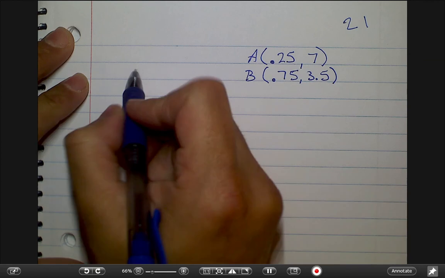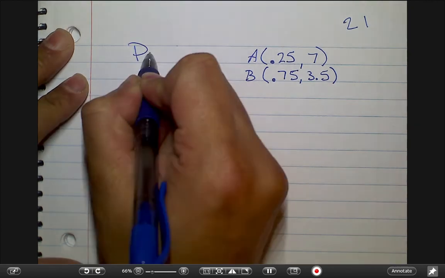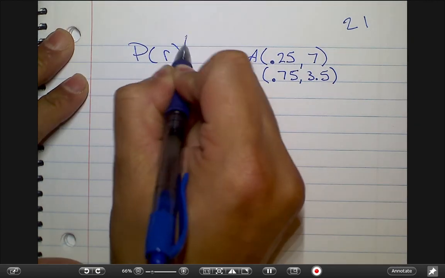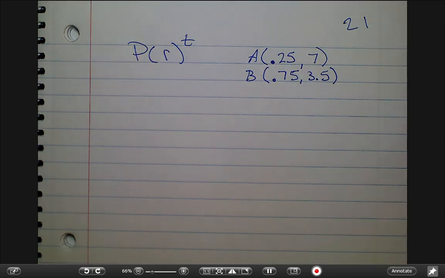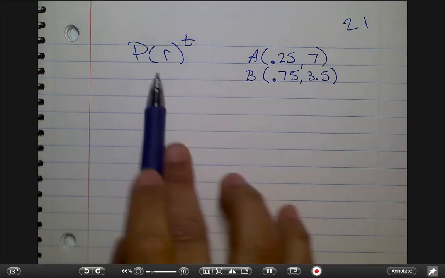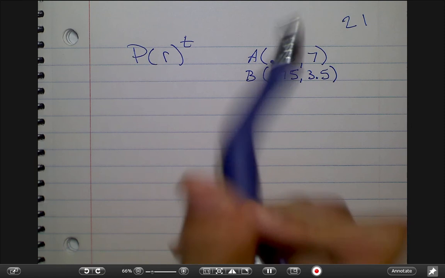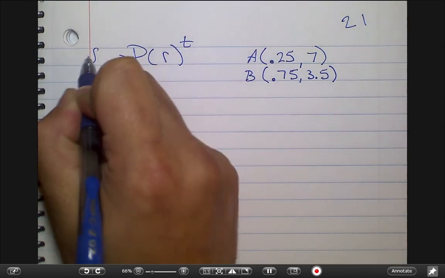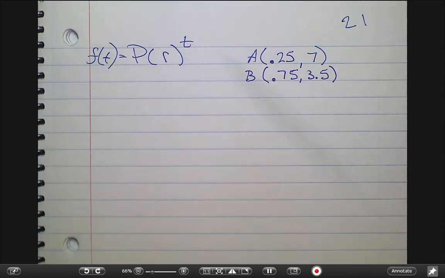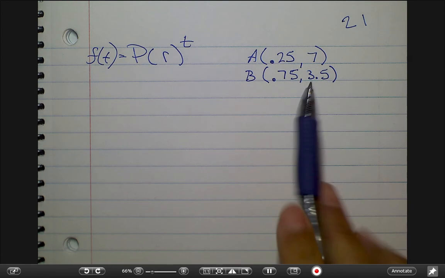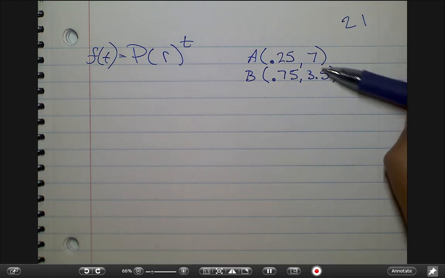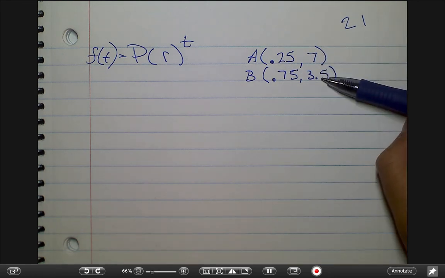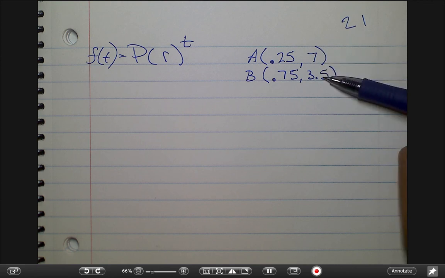So I'm going to go ahead and start with my same thing every time. P, R, T. Now, I'm going to solve for this. There's my function in terms of time. I got to look closely at these two values right here. These two values right here would be what?